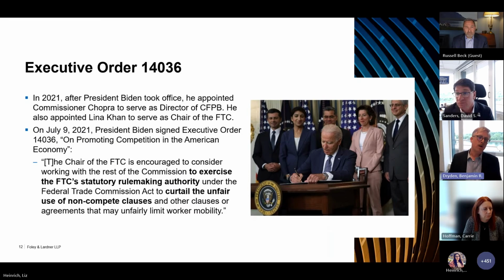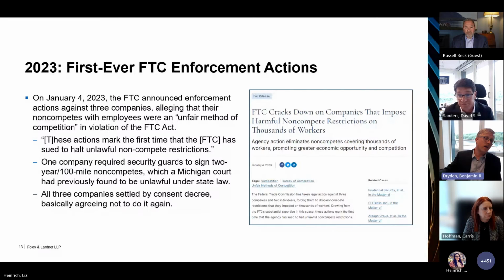Next slide. So jump forward another 18 months or so. In early 2023, the FTC brought enforcement actions against 3 companies, alleging that those 3 particular companies' uses of non-compete agreements were unfair methods of competition.